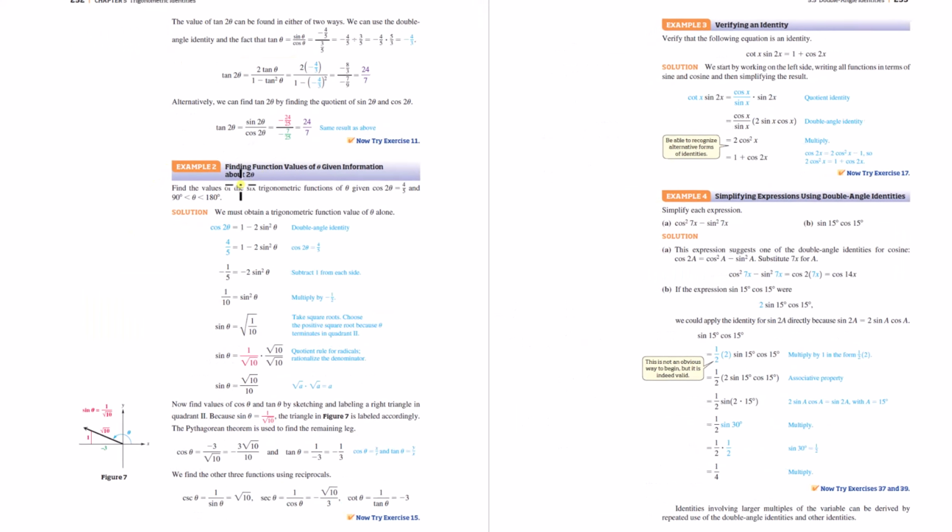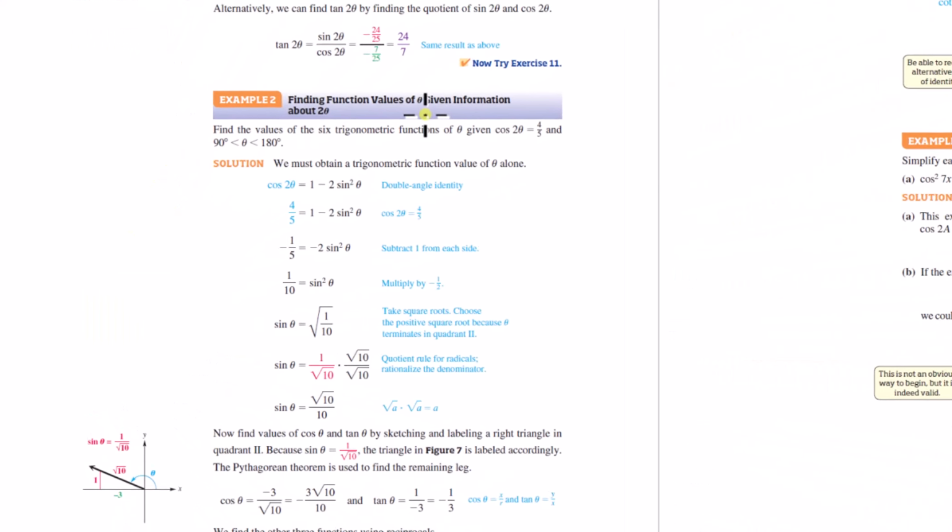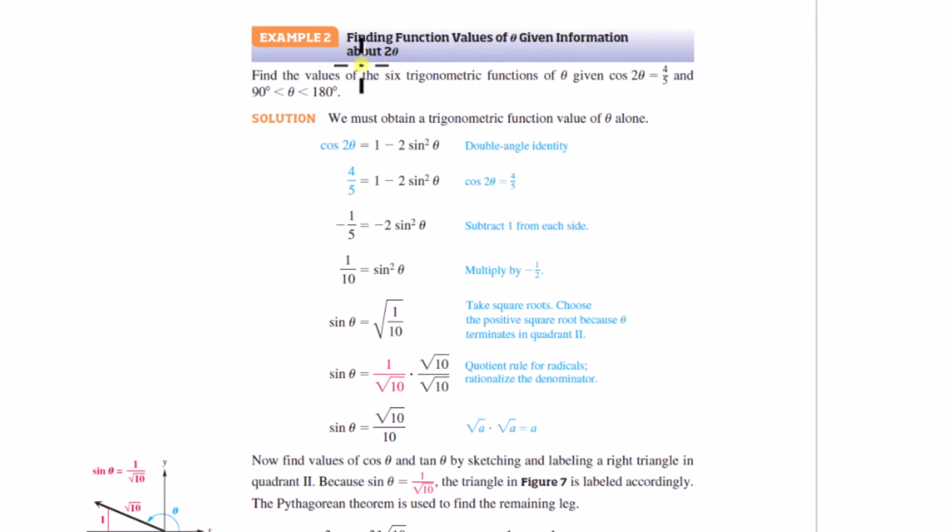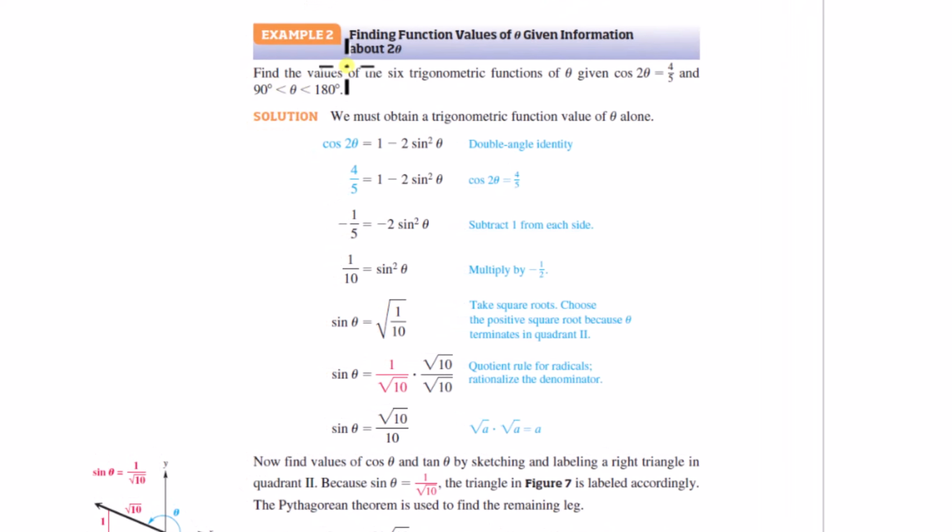All right, finding function values of theta given information about 2 theta. We just found trig function values given information about theta. Now they're going to give us information about 2 theta. So find the values of the 6 standard trig functions of theta, given that cosine of 2 theta is equal to 4/5 and theta is in the second quadrant.